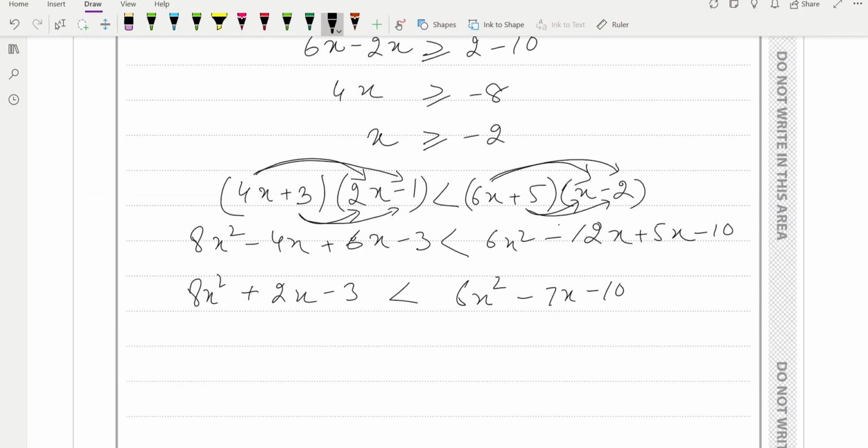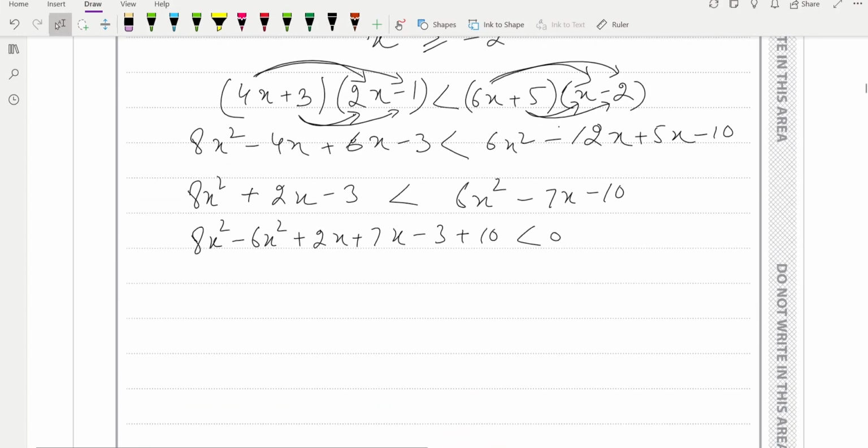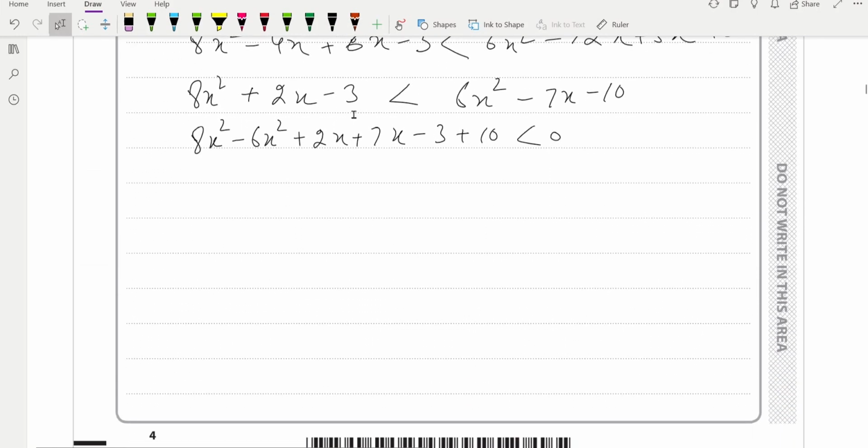Basically we can shift everything to one side, so it will be 8x squared minus 6x squared plus 2x plus 7x minus 3 plus 10 is less than 0, and this can be simplified as a quadratic, which will be 2x squared plus 9x plus 7 is less than 0.